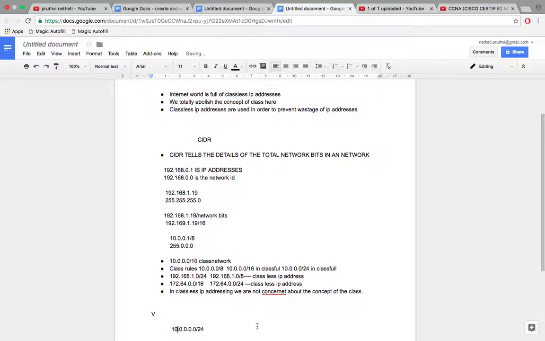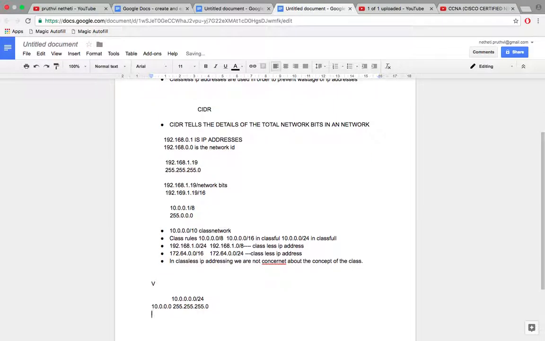So 10 is a class A address. We have the CIDR notation as /8 and the subnet mask of 255.0.0.0. And by seeing this network, we can say that it is a classless network. So now this network can be written as 10.0.0.0, 255.255.255.0. This is because it is a /24 network.